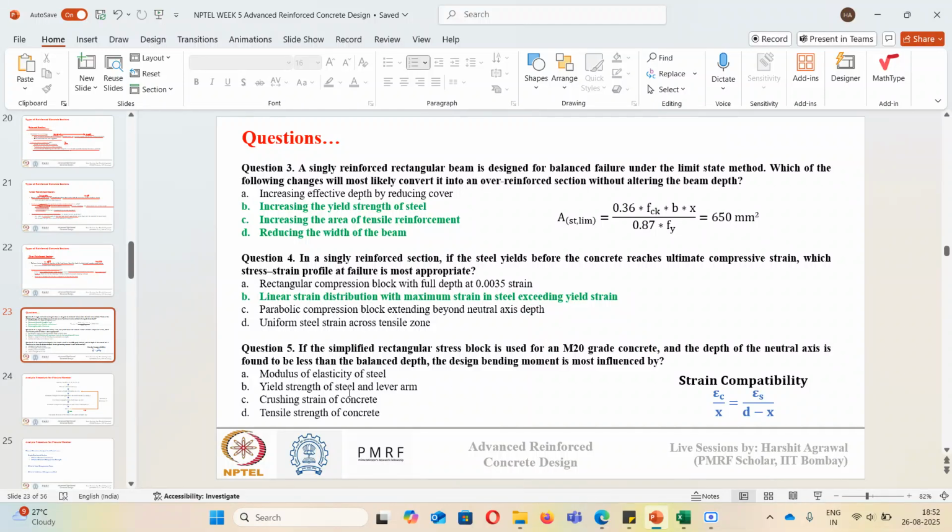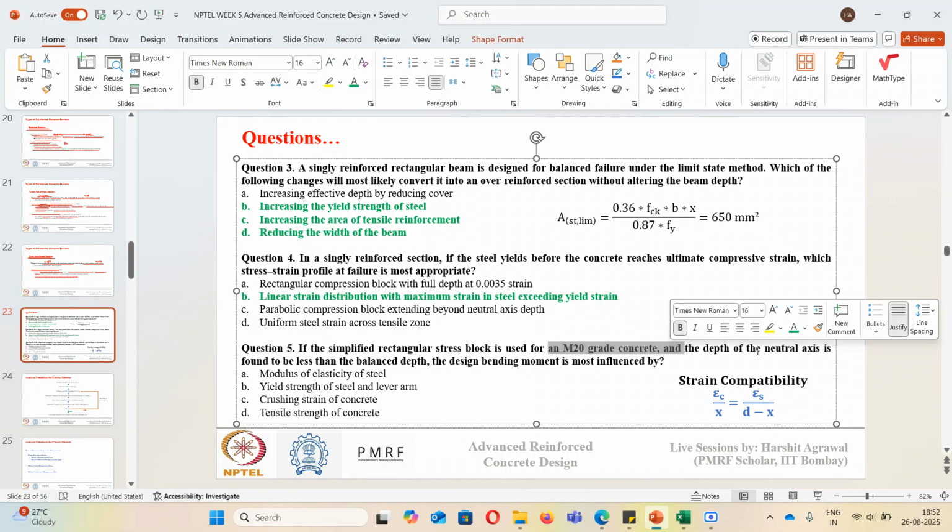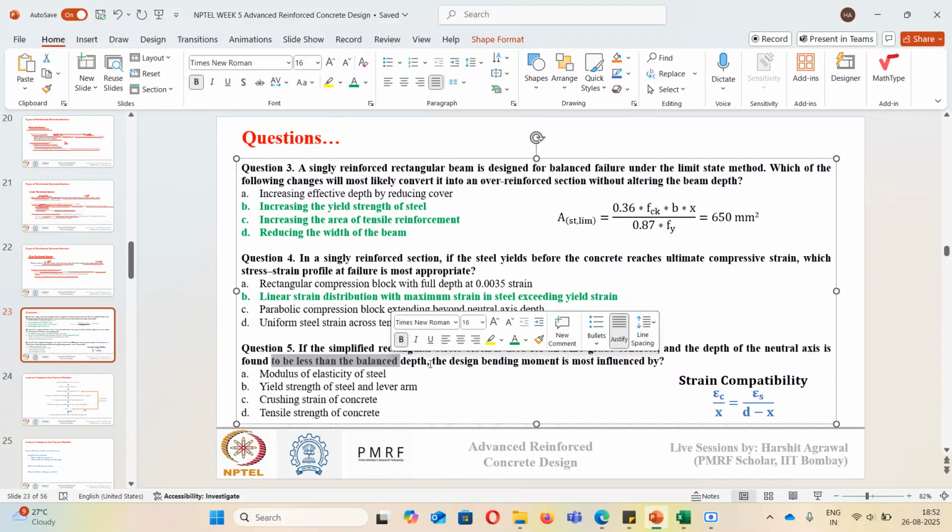Now, question number 5. If a simplified rectangular stress block is used for an M20 grade concrete and the depth of the neutral axis is found to be less than the balanced depth, then the design bending moment is most influenced by.